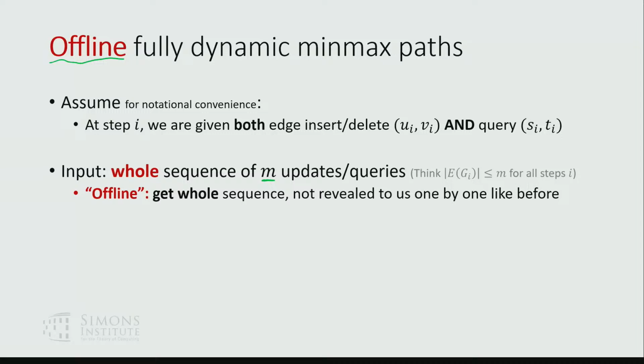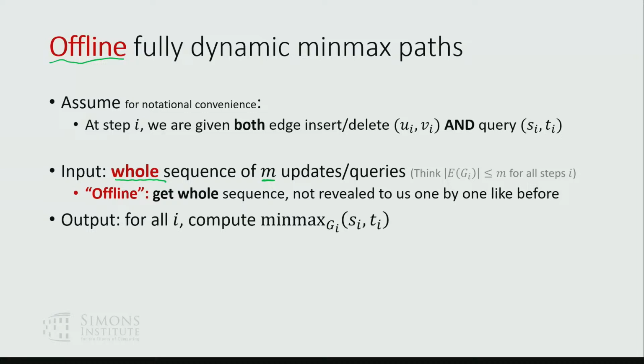And this is why we call this offline: you are really given the whole update sequence in one go, and you can read all of it. It's not revealed to you one by one like in the standard setting. And what we want to output is, for all i, the min-max from S_i to T_i in the graph G_i. So I hope it is clear what the offline setting is.